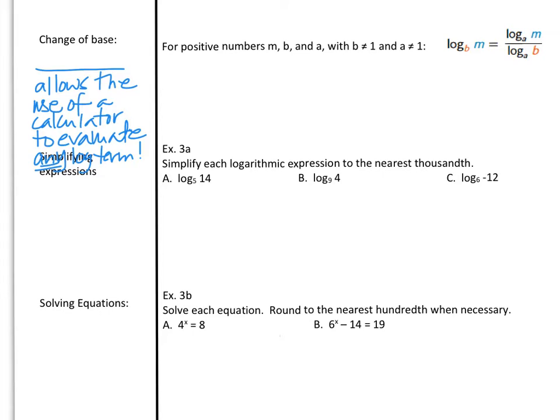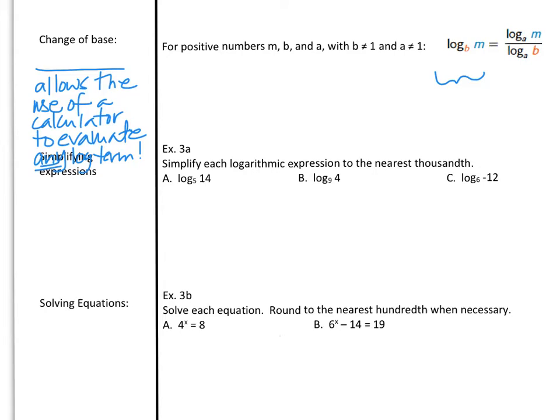The change of base definition allows the use of a calculator to evaluate any logarithmic term, no matter what the base is, not just base 10. But we keep base 10 in mind with the definition. If you have the logarithm definition that's true, that stays in place, log base b of m, where m, b, and a are positive numbers and b and a do not equal 1.